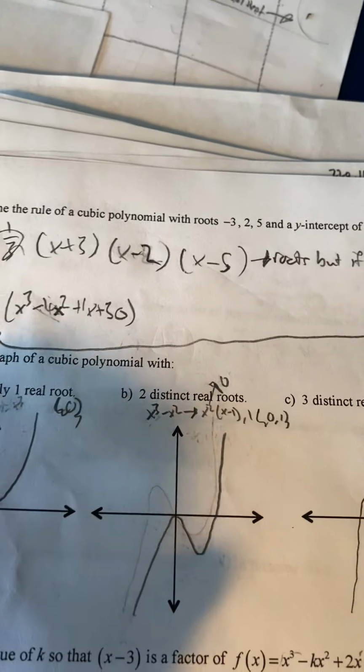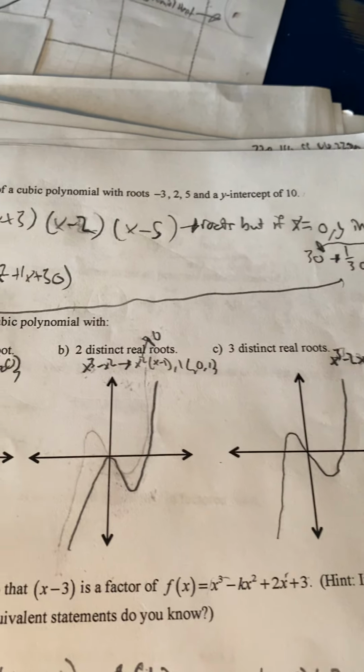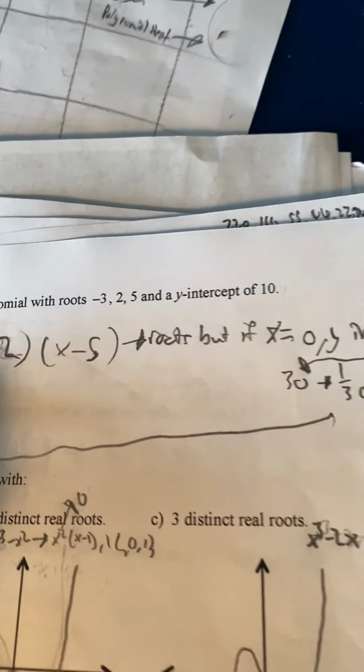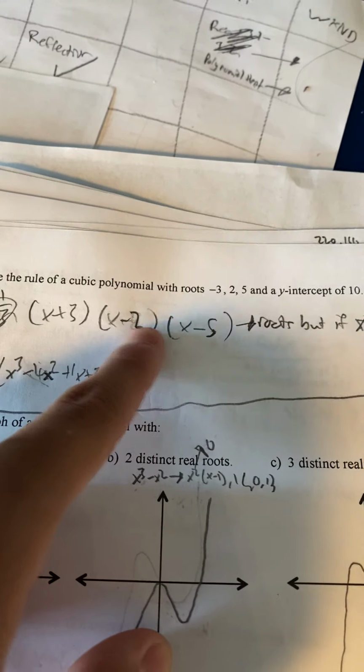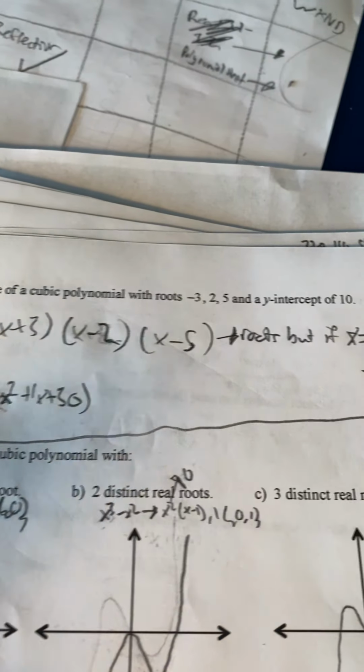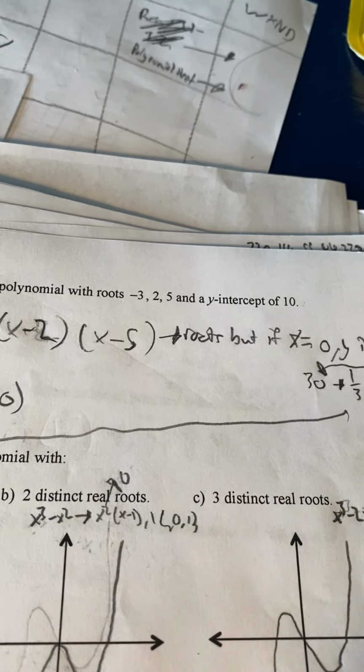All right. The second page of this, determine the rule of a cubic polynomial with roots negative 3, 2, 5, and a y-intercept of 10. So you can already tell from the roots that multiplying x plus 3 times x minus 2 times x minus 5 will create a cubic polynomial with those roots.